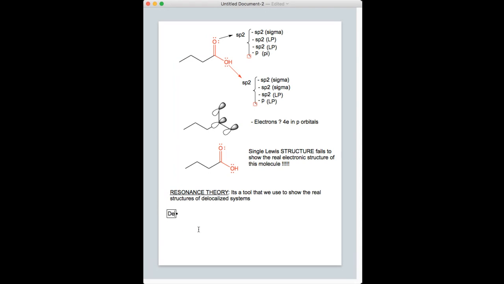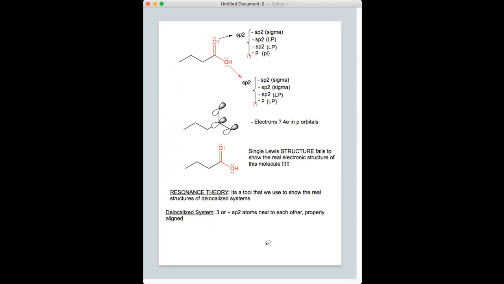A delocalized system: three or more sp2 atoms next to one another and properly aligned. So whenever you have, guys, 3 sp2 atoms or more next to one another, properly aligned, that's a delocalized system.